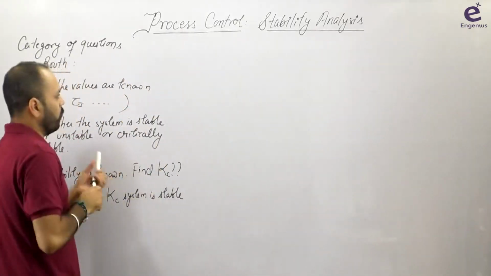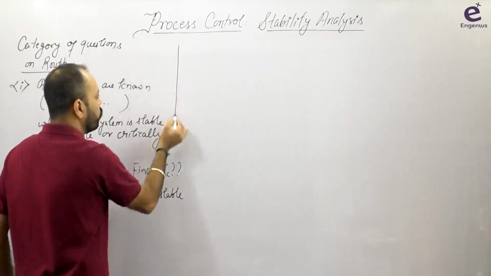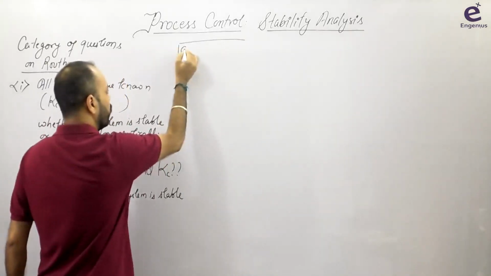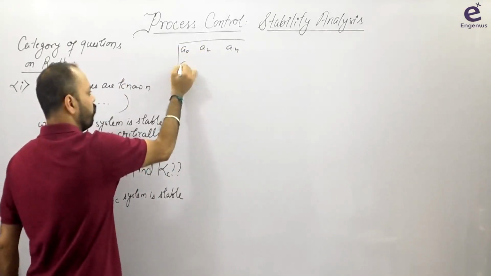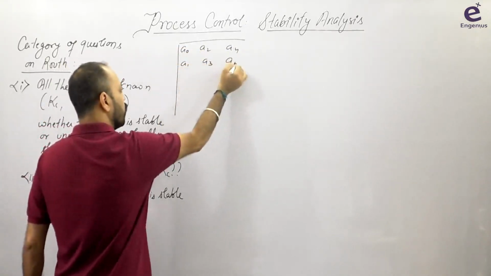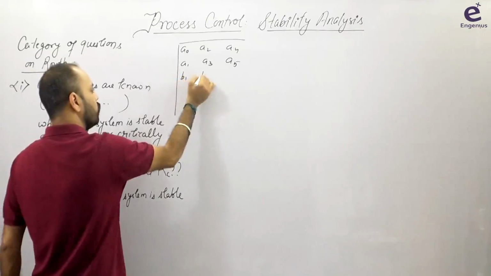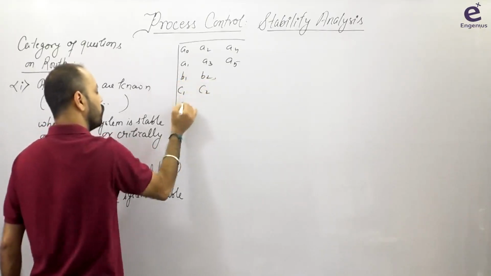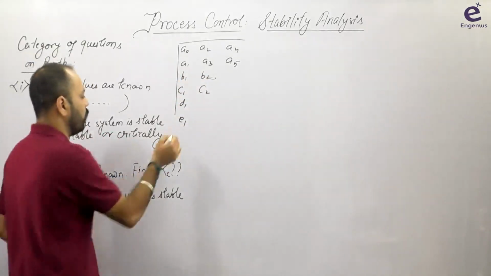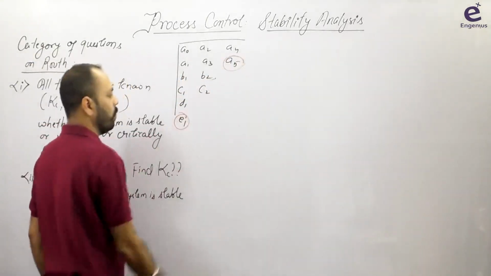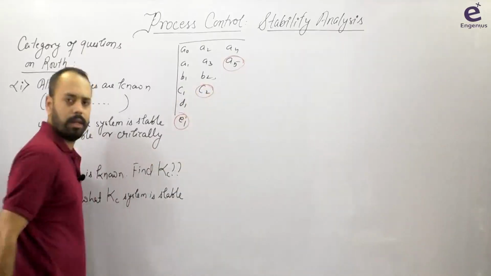Let me make that table again so that I can use that reference. Of course, it's not like every time the Routh table will consist of only this many elements. There can be more elements or fewer. I told you that E1 and A5 are the same, and C2 also, they are the same, right?